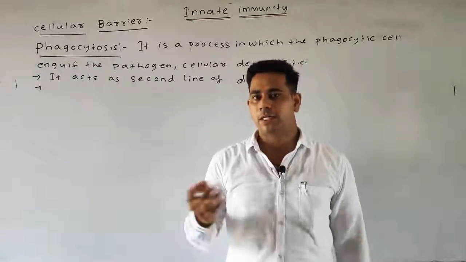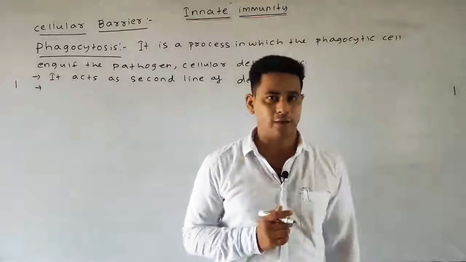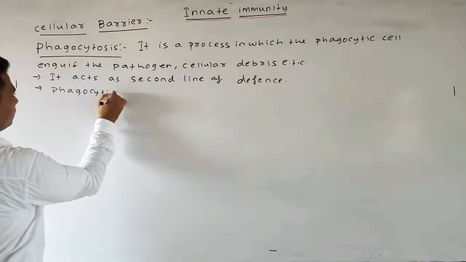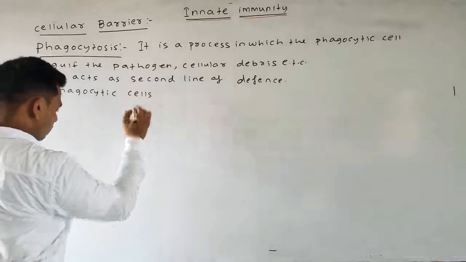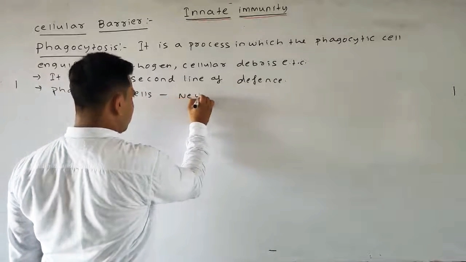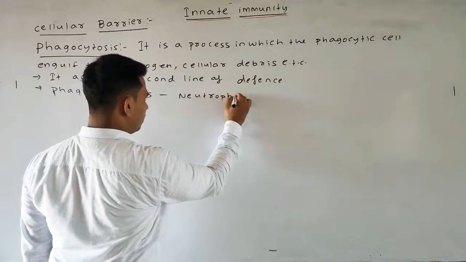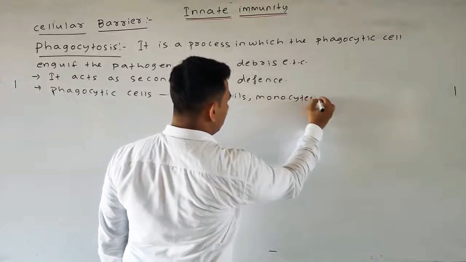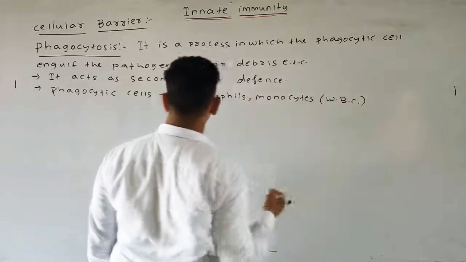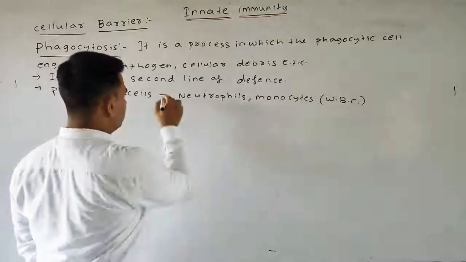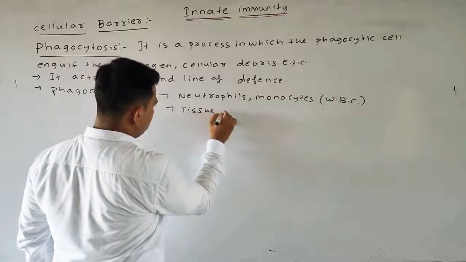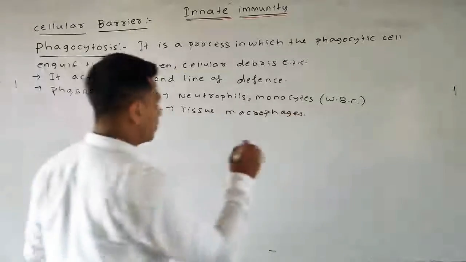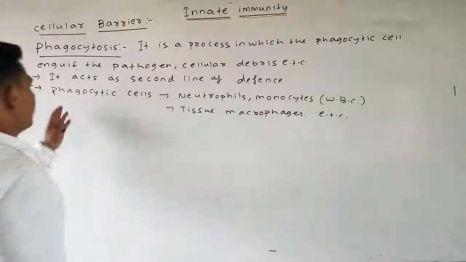Various phagocytic cells are such as your neutrophils, monocytes, which are types of WBC, and other ones such as your tissue macrophages, etc. They are the common phagocytic cells.